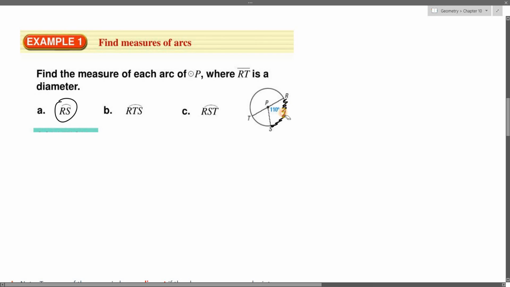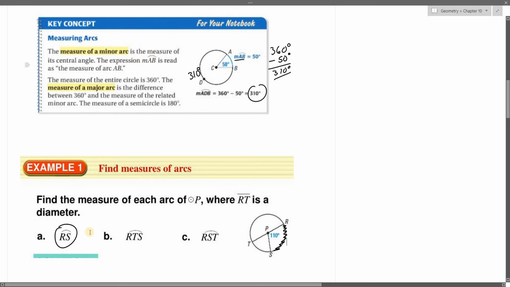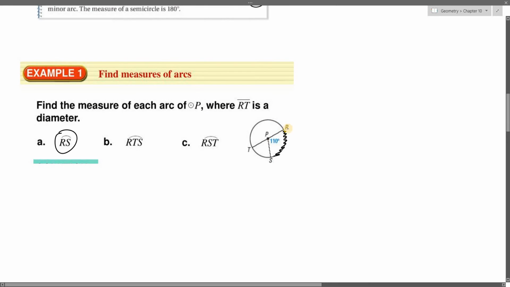And so hopefully your eyes draw right to that RS. And so the question is, how long is it? What's the measure of it? Well, of course, I remind you that the rule up here was the measure of a minor arc is equal to the measure of the central angle. So RS must be what? 110 degrees. Because, again, it's equal to the same measurement as the angle that's pointing towards it.